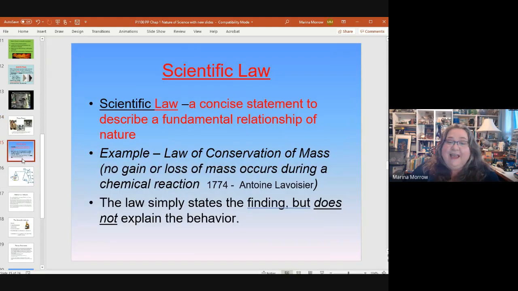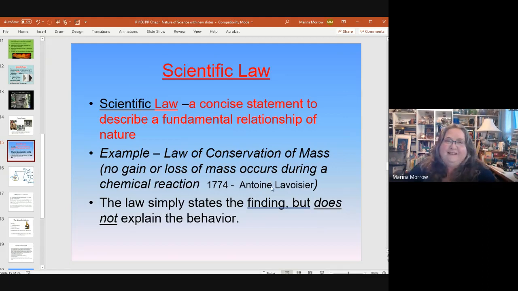Just like Lavoisier says no gain or loss of mass occurs during a chemical reaction. But it turns out that light is equivalent to mass, as Einstein figured out. So actually, there is a tiny little bit of mass that gets turned into light. But for chemistry purposes, it's still equal.